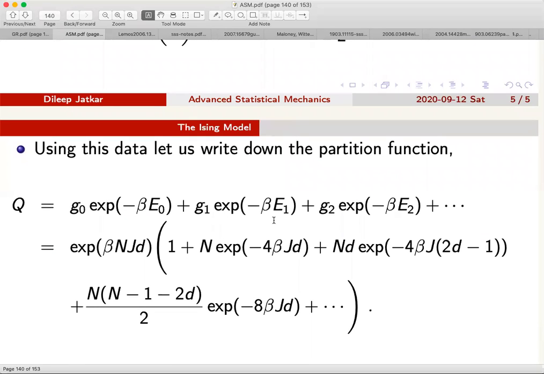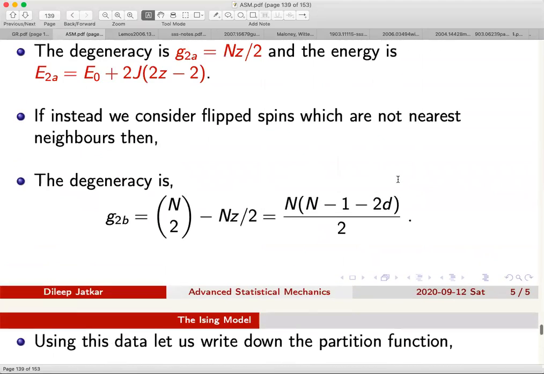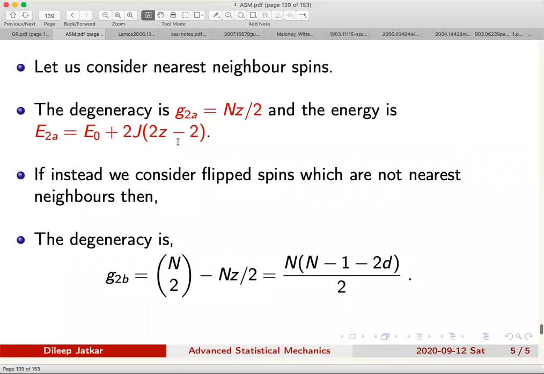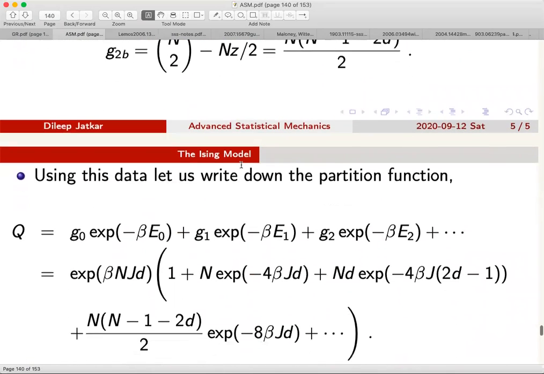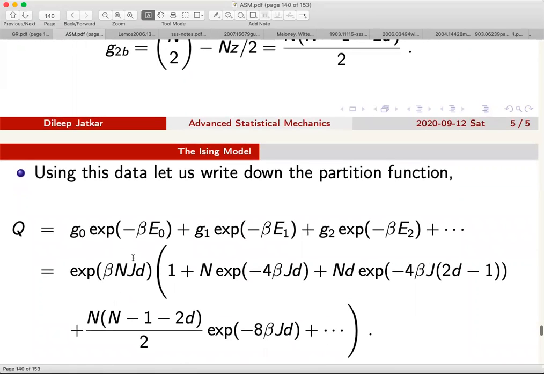Now, remember that E1, E2, everything was written in terms of E naught plus some energy. So we can just pull the E naught factor out. That is the one which has been pulled out. Of course, the ground state is unique, so that gives you 1, plus the first excited state, which is n-fold degenerate. Any spin could have flipped, and the energy is higher than the ground state energy by 4Jd, and that's why you get this factor.